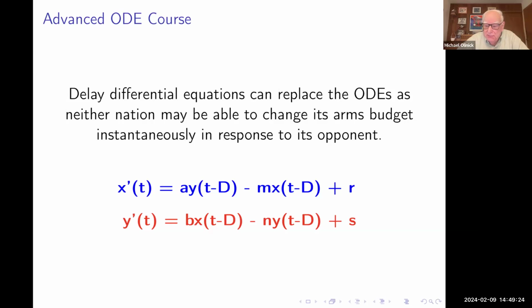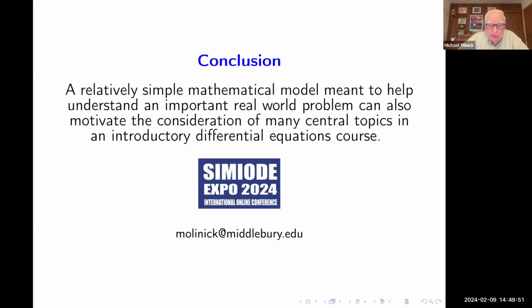But typically there's going to be some time lapse, since it takes a while to change the legislation to increase or decrease the military budget, so that the rates of change at any particular time actually depend on what the arms level expenditures were sometime in the past. So although this is a relatively simple model, it confronts an important real-world problem and also gives us a lot of motivation to introduce the important topics in the first differential equations course.